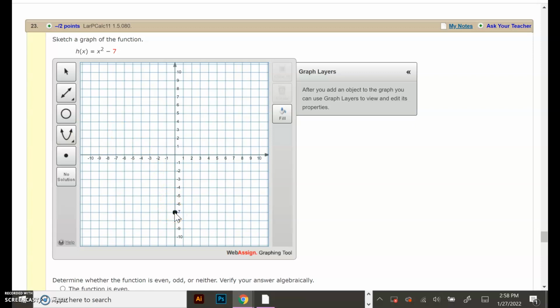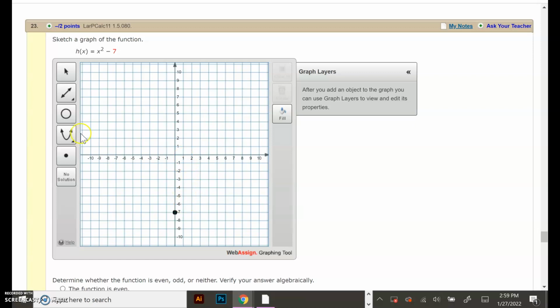What is another point though? We need at least 2 for WebAssign to help us out. All right, let's plug in 1. 1 is another nice number. If you plug in 1 into x, you have 1 squared minus 7. What is 1 squared minus 7? Well, 1 minus 7 is negative 6. So I know that another point on this graph is 1, negative 6.